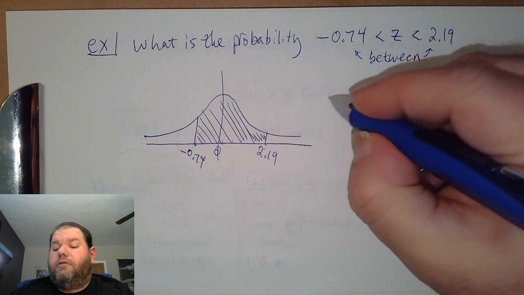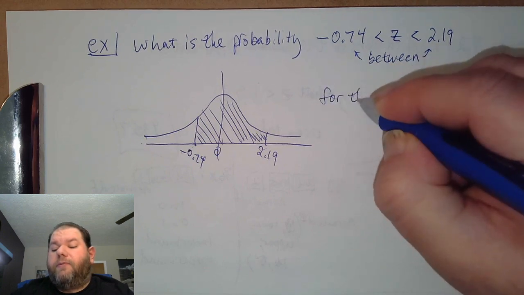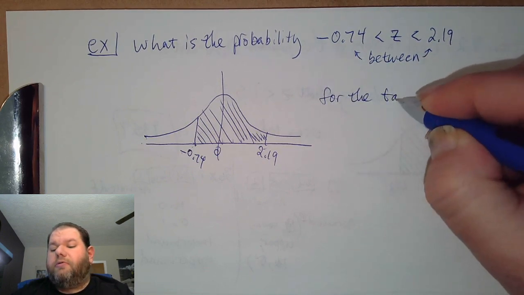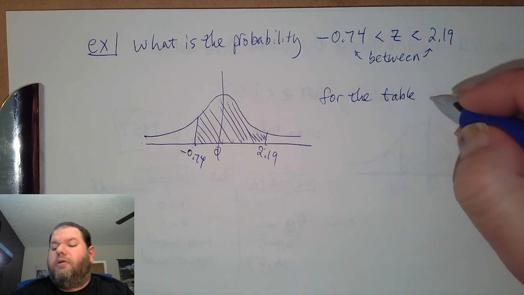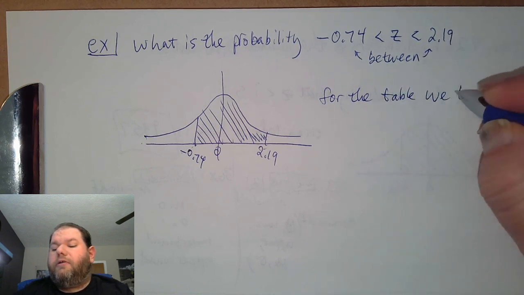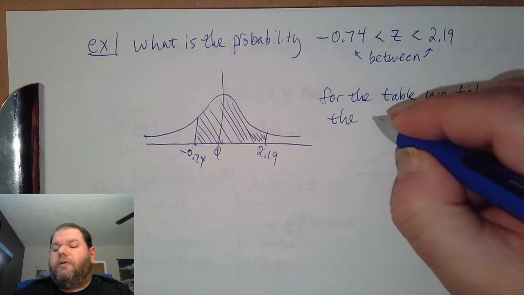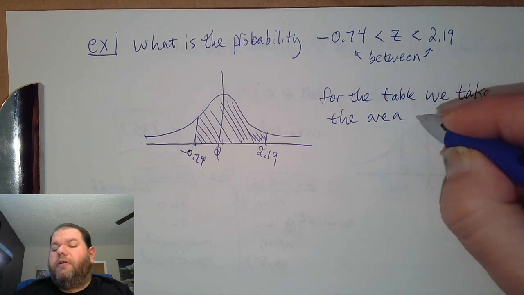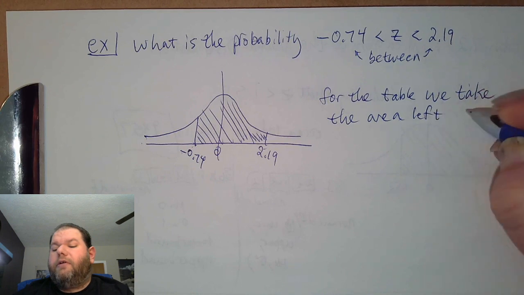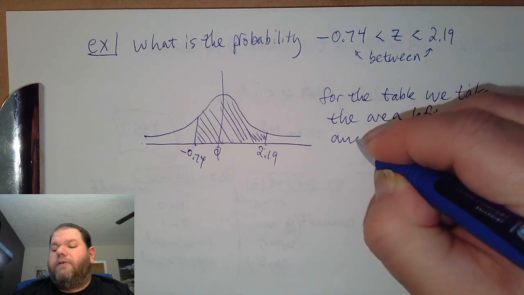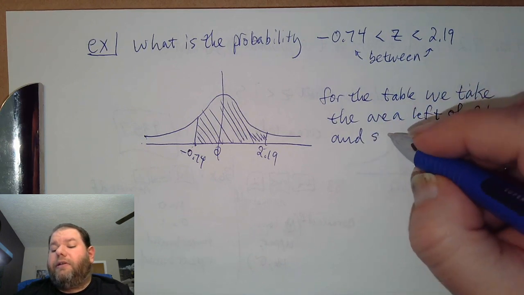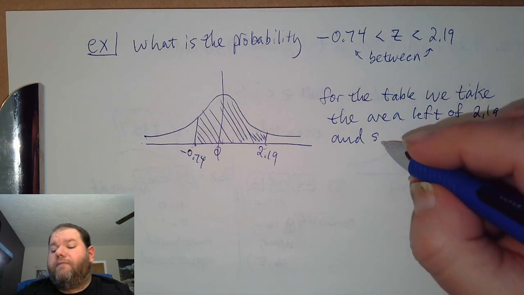So for the table, we take the area left of 2.19 and subtract the area left of negative 0.74.